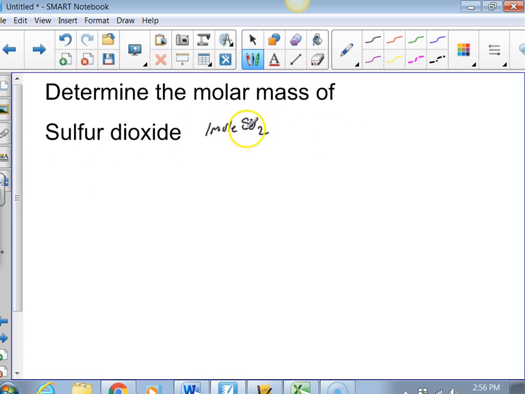In 1 mole of SO2, keep in mind if we were dealing with molecules, this would be 1 molecule, but this is a mole of molecules. So in 1 mole of SO2, we have 1 mole of S, and we have 2 moles of O.